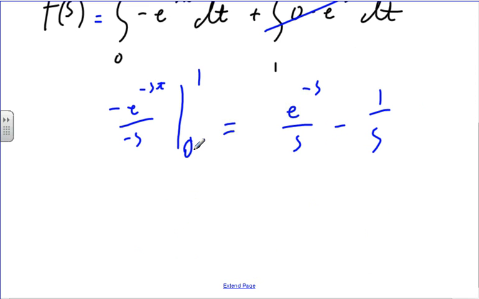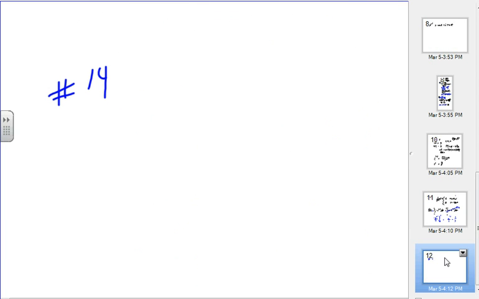All right, going on to number 14. Okay, so I'm looking at number 14. f of t equals t to the 3/2 minus e to the minus 10t, and find the Laplace transforms of these problems.